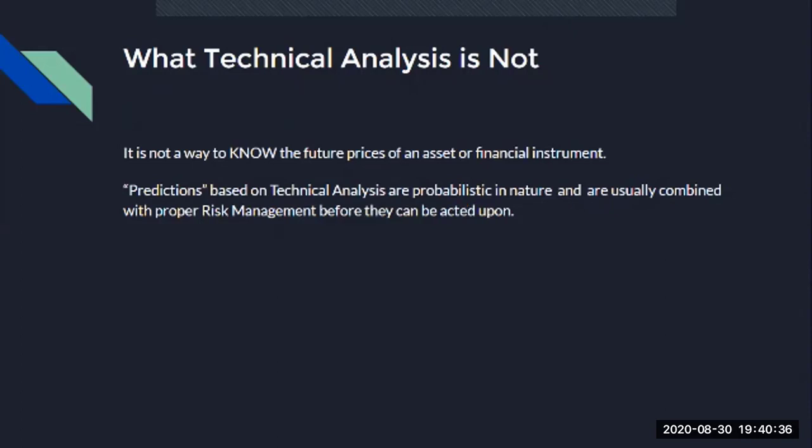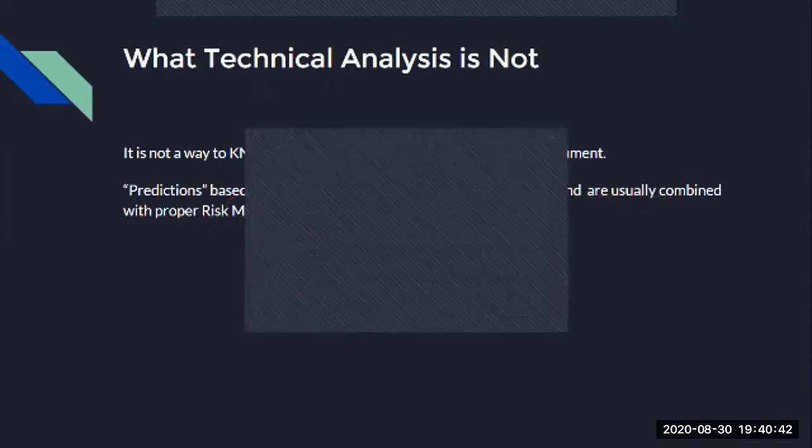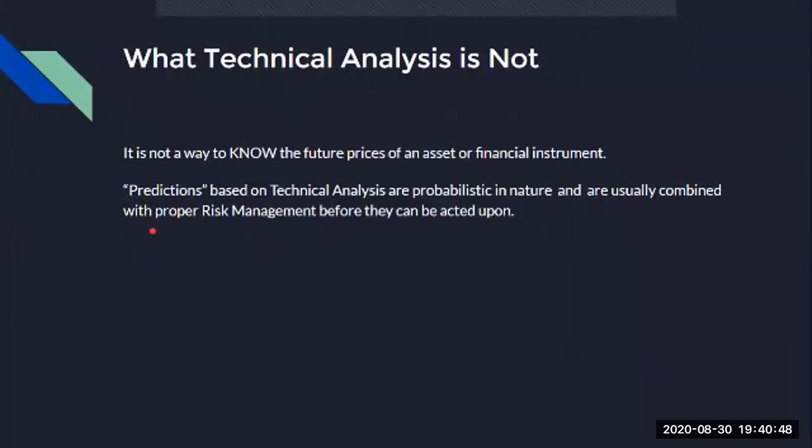Then what a smart investor or trader would do is manage their risk accordingly. If something is 20% likely to happen, you have to adjust, so you don't pour all your money into it.